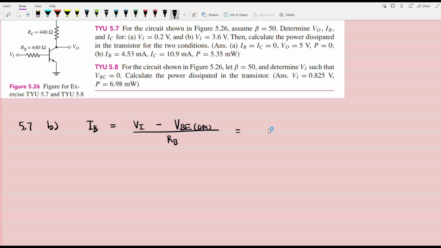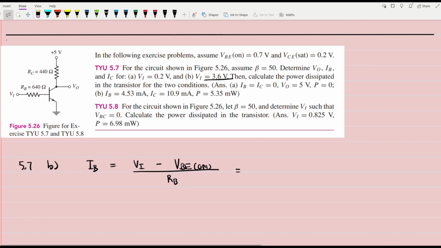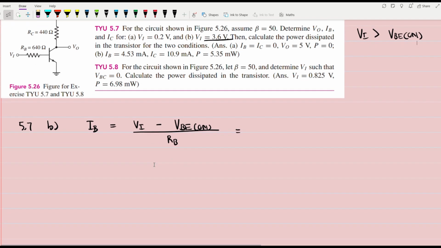First of all, let's check the values of VI and VBE. VI is equal to 3.6 volts, and VBE is equal to 0.7. We can see that VI is greater than VBE on, so IB is not equal to 0.